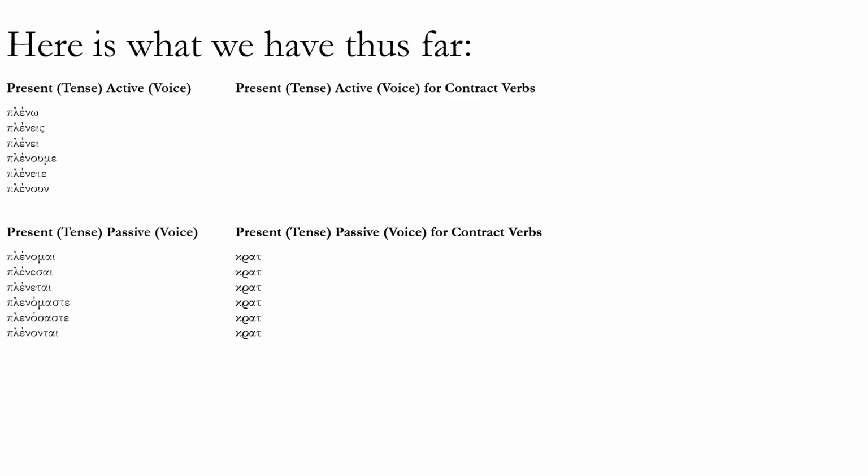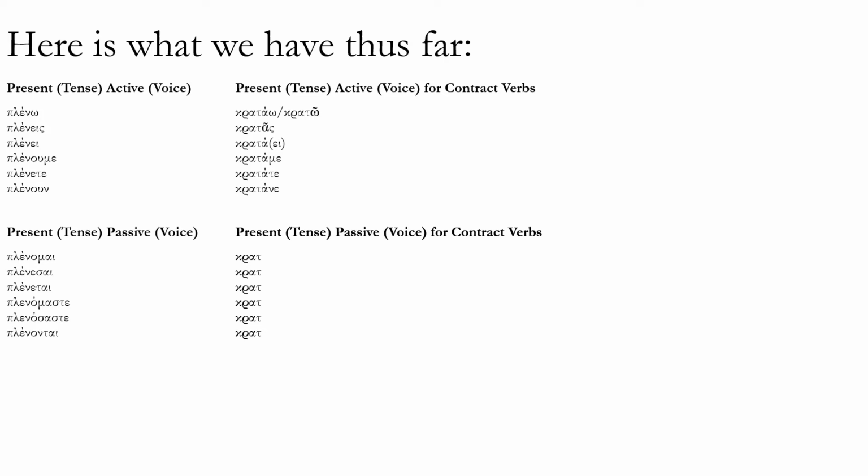Then we have the present active for contract verbs like kratao or krato, I hold. Kratas, krata or kratai, kratame, kratate, kratane. And there are different forms of these, but this is just one of the most common sets. There are some variations.